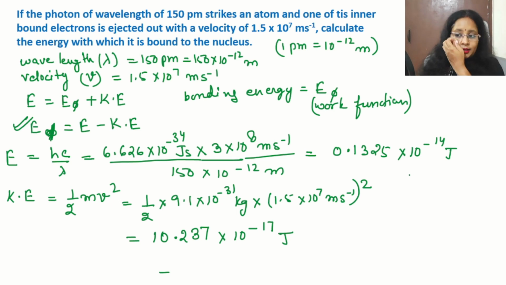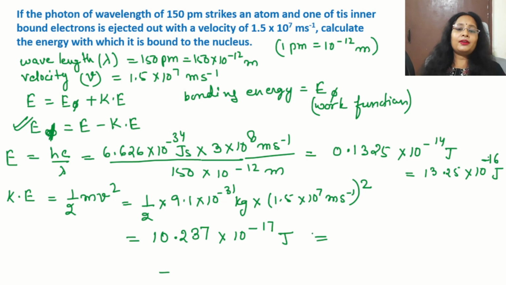For energy, we shift the decimal 2 steps, so it becomes 13.25 into 10 to the power minus 14 minus 2, which is minus 16 joules. In the same way, we make kinetic energy minus 16.